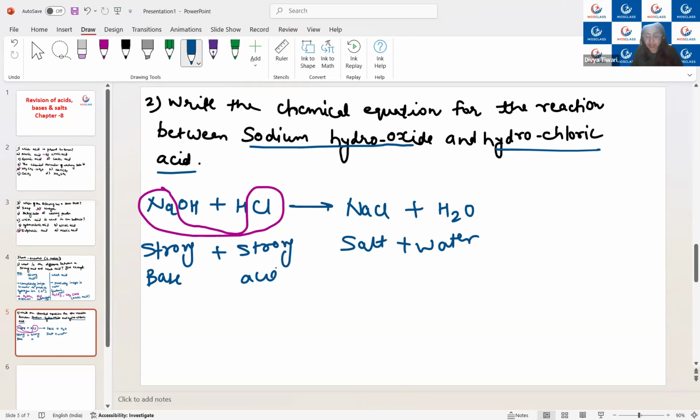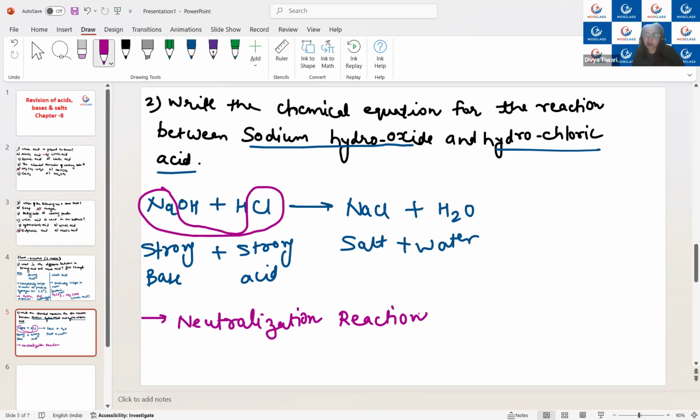So whenever strong acids and bases are reacting, there will be a neutralization reaction. Okay, and salt and water will be formed, and the name of this reaction is neutralization reaction. You could also have the question write down the neutralization reaction, then also you will be writing the same answer.